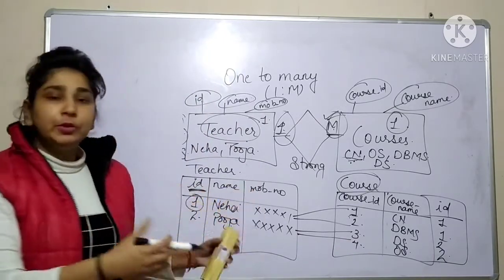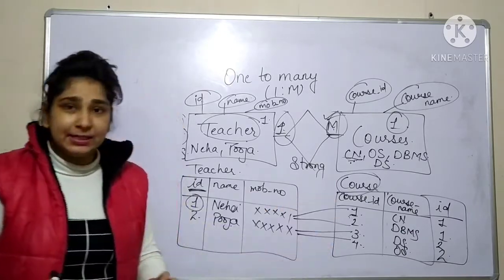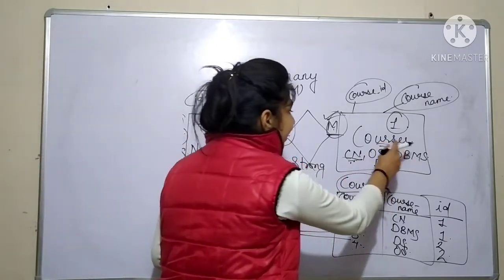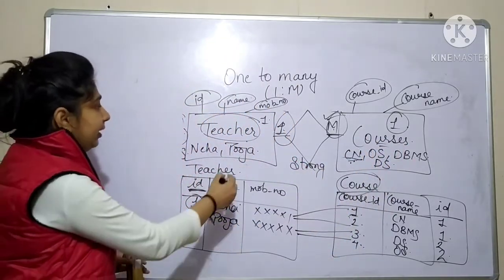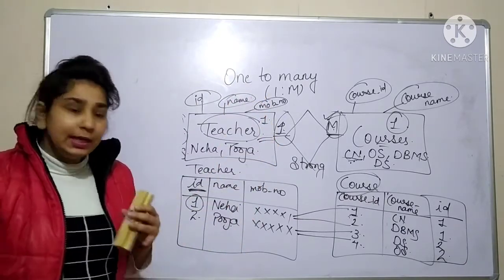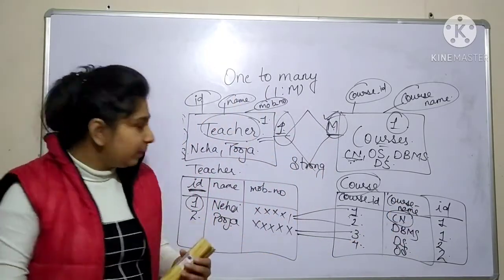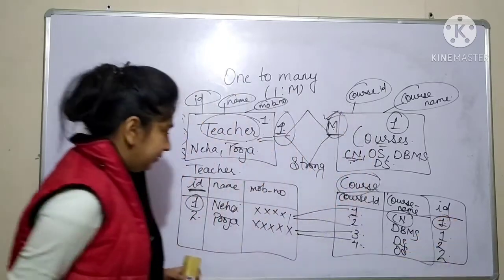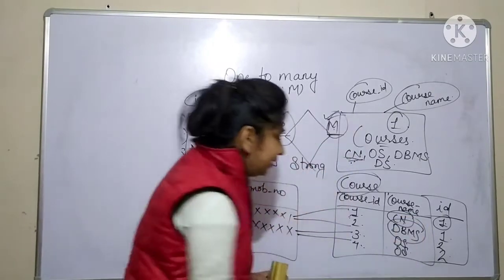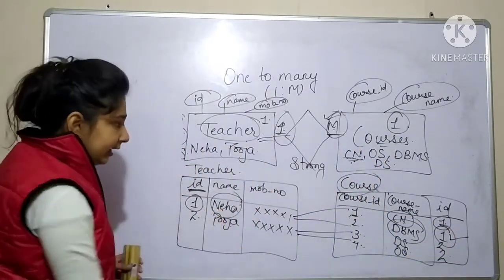Now we have to study the relationship from both the sides. Now look at the course side. If you look at the course side, one course should be taught by only one teacher. Computer networking is taught only by teacher 1, Neha. DBMS is taught only by teacher ID 1, Neha.